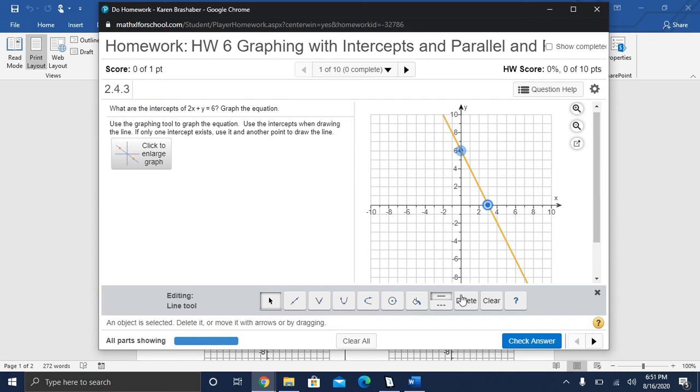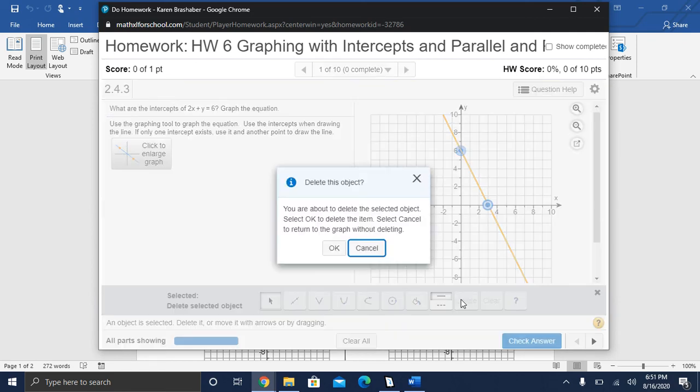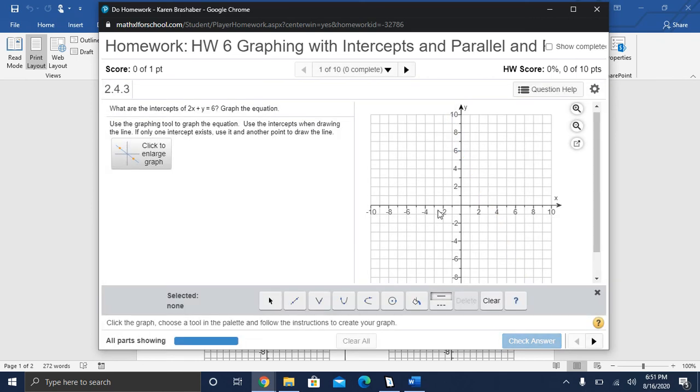I could select that one point, hit delete, and I would say, yes, I know what's going to happen. And unfortunately, it took the whole line away. But in other types of graphs or in shading, you can select just one item, and delete will just take that one item away.